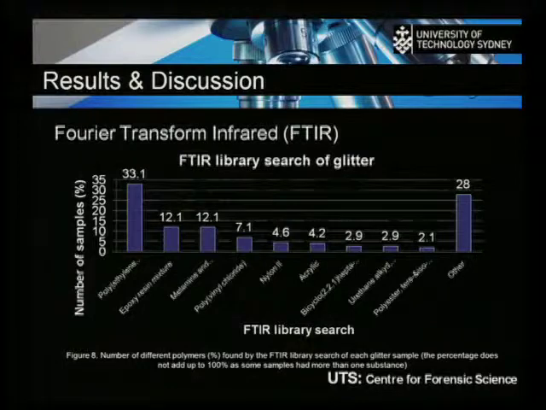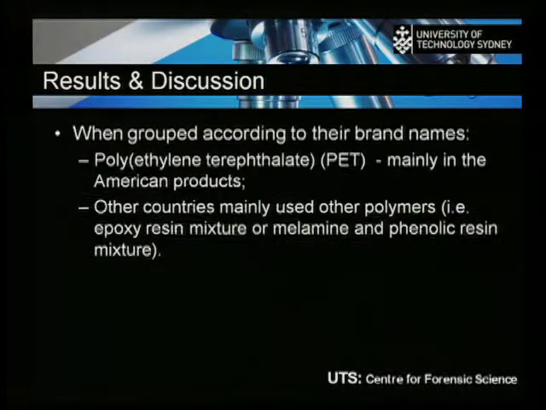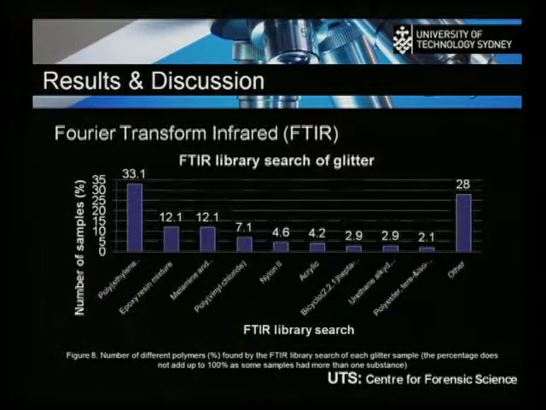In terms of the FTIR, we did an analysis with an ATR objective, so it's a surface analysis just at the surface, and we did both sides of the glitter particle. Here you've got the distribution we obtained, and you can see that essentially there is a lot of PET in glitter.